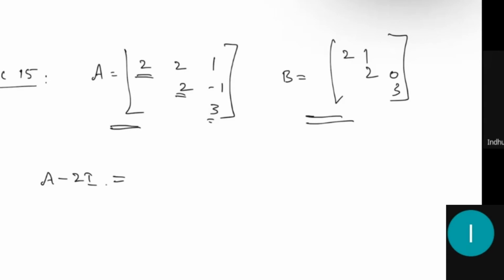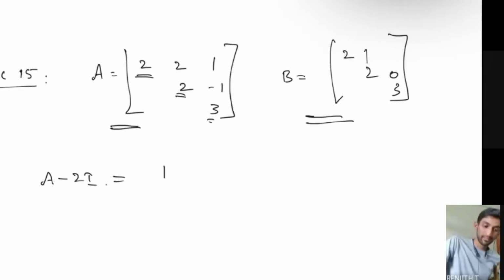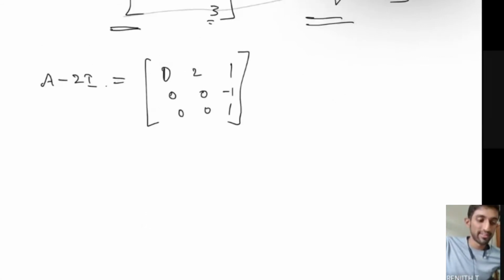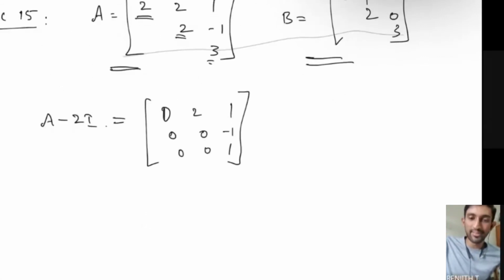A minus 2i is 0 2 1 0 0 minus 1 0 0 1. Okay, so this is A minus 2i. What is the kernel of this space? What is the nullity of this matrix? 1, sir.